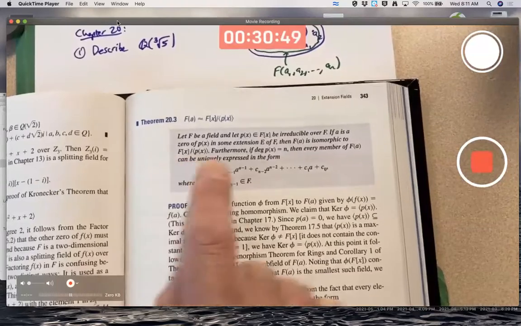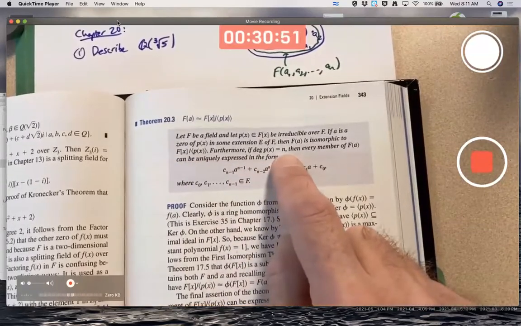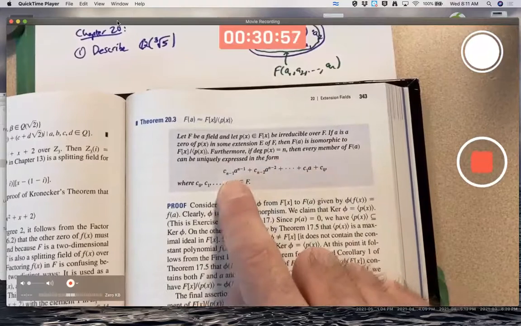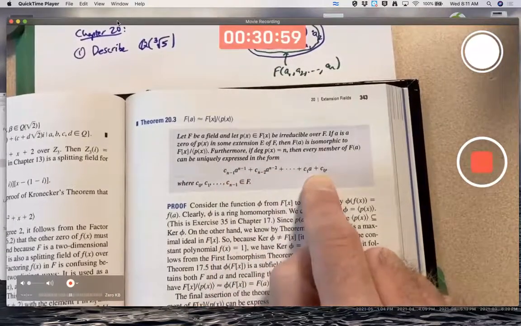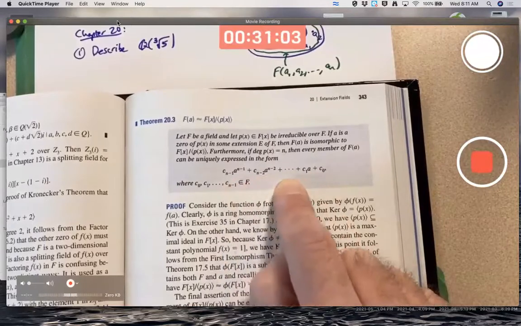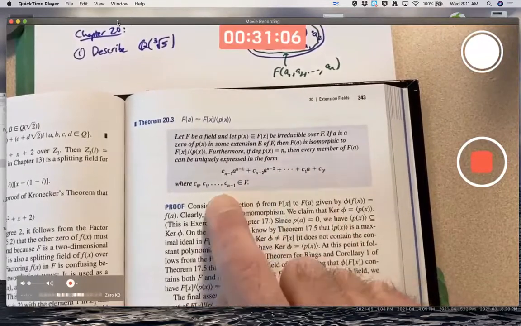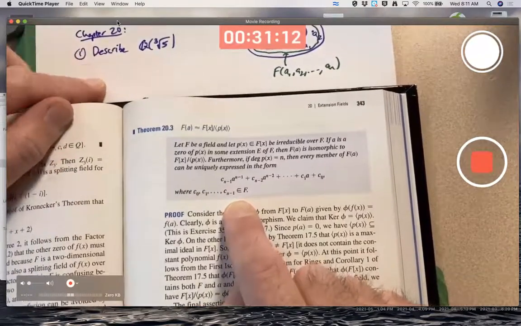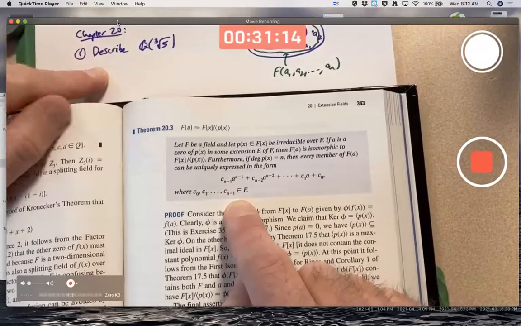Furthermore, and this is the more useful part, if the degree of the irreducible polynomial is n, then every element of this field here can be uniquely expressed as a linear combination of powers of a, where these coefficients are from F. So if we think about trying to apply this theorem to this example here, the a is the cube root of 5.